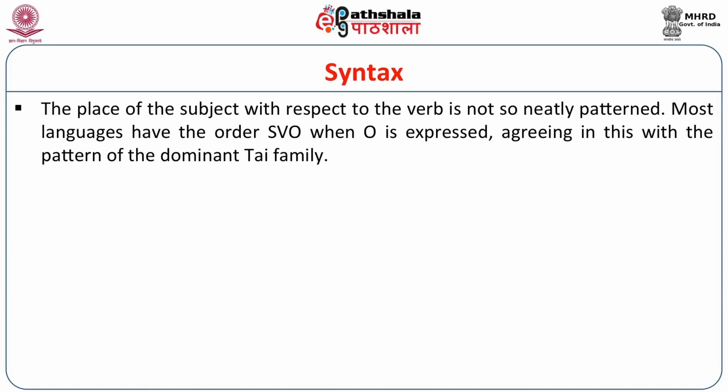The place of the subject with respect to the verb is not so neatly patterned. Most languages have the order S, V, O when O is expressed, agreeing in this with the pattern of the dominant Thai family.